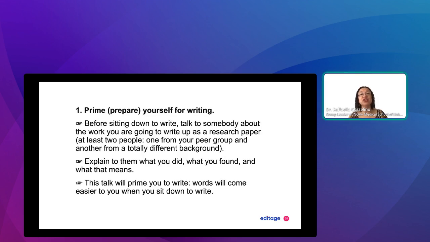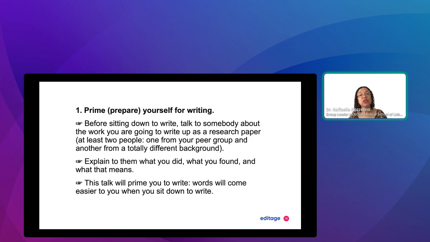So in terms of preparing yourself for writing, before sitting down to write, talk to somebody about the work that you are going to write up as a research paper. Try to at least talk to two people, one from your peer group and another from a different background, to join the interest, and thinking also that there are people from different backgrounds that might want then to join the field that you are working in.